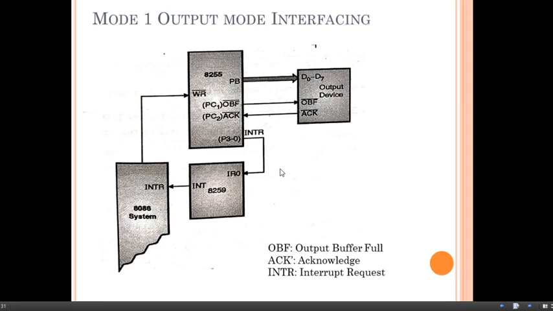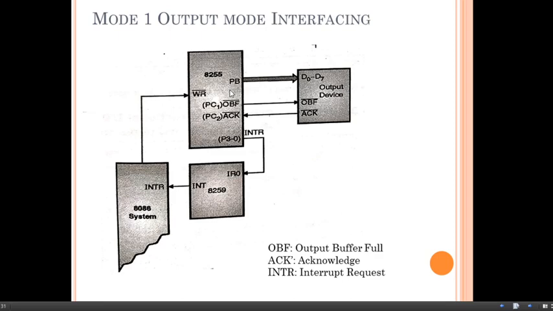Next is mode 1 output mode, and this is the interfacing of mode 1 output mode. In mode 1 output mode, port A and port B are used as output ports, and port C is used for the handshake signals.